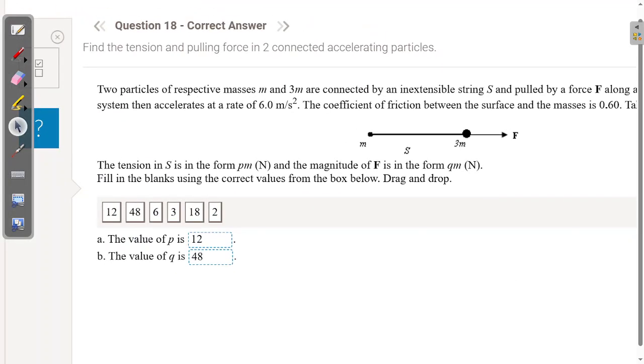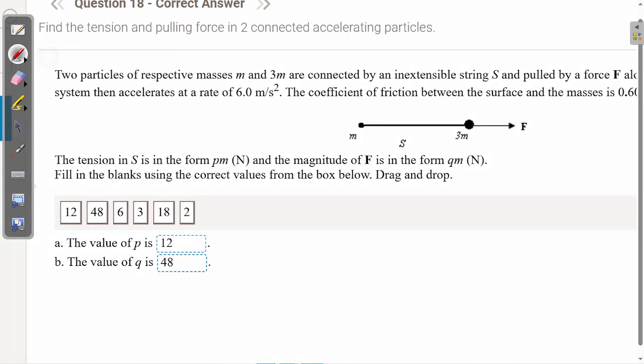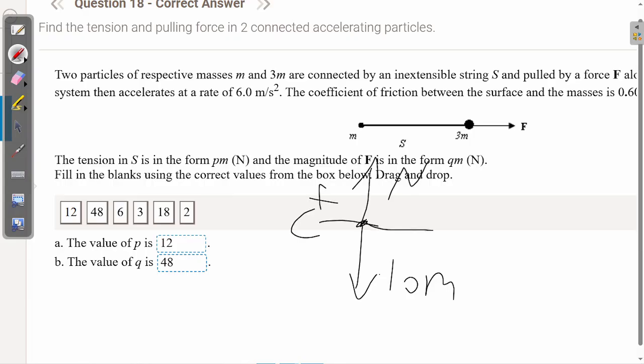Okay, so let's start with m, it's easier. m has a weight of mg, which is 10m, and a normal, friction and a tension, let's call it Ts.